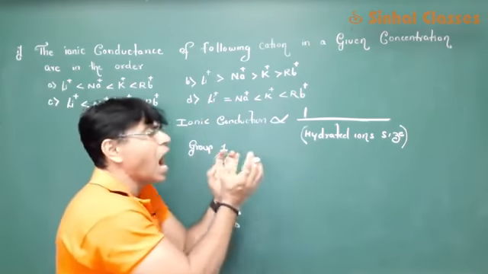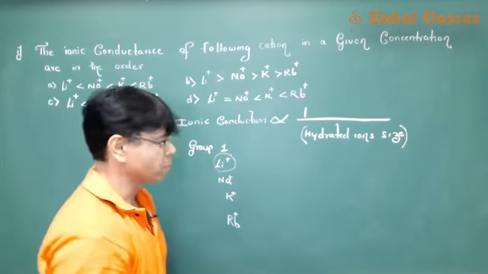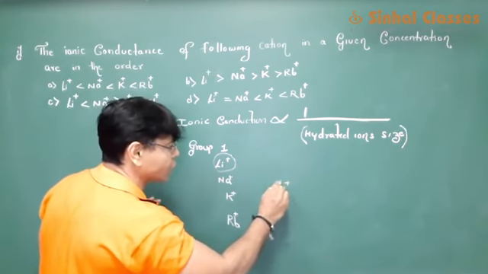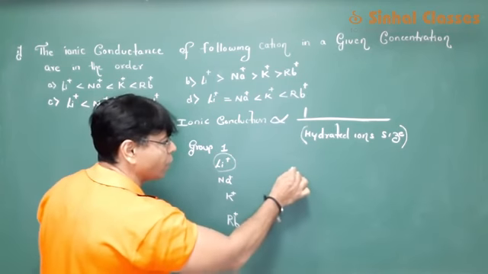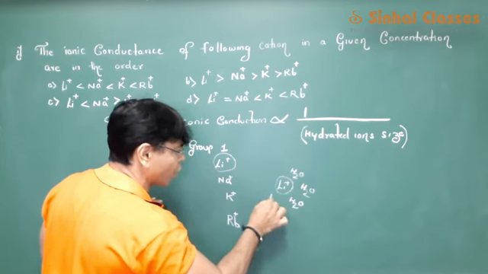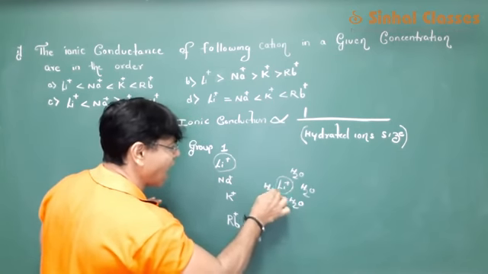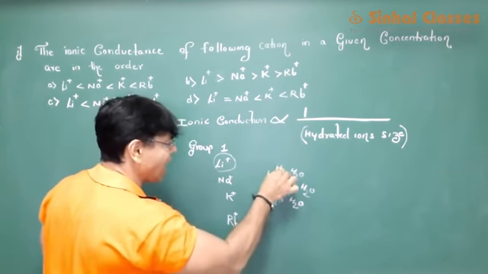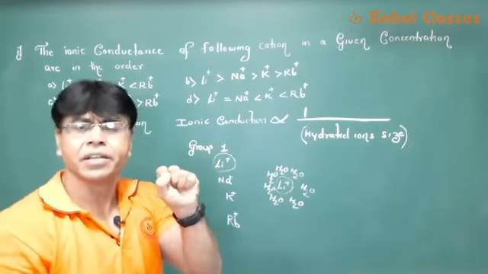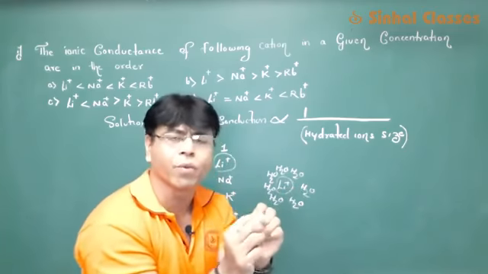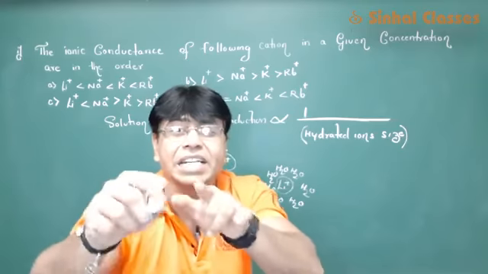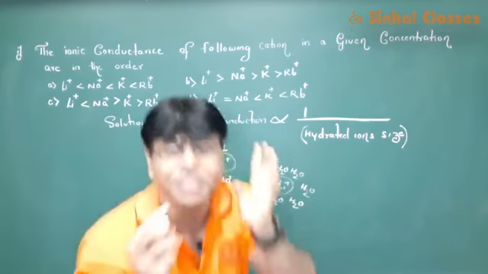So lithium will be highly hydrated. What is the meaning of hydrated? Lithium ion, which is very small in size, will be surrounded with a large number of water molecules. Highly hydrated. So since it will be highly hydrated, the movement of lithium ion will be very less, because of which the conduction will be very less.